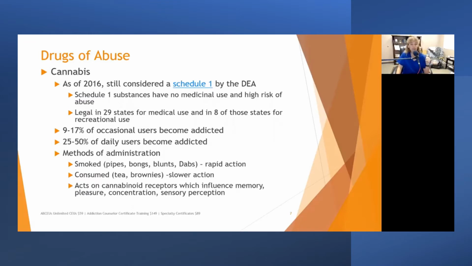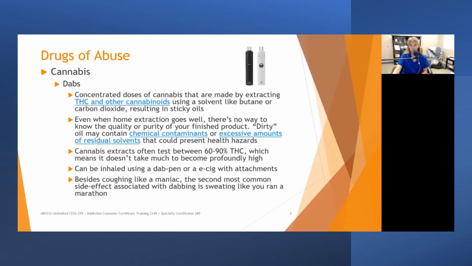It can be smoked in pipes, bongs, blunts, or even through dabs, and that is the more rapid action. If people drink it in tea or eat it in brownies, there is a slower mechanism of action for the cannabis with those. Cannabis acts on cannabinoid receptors, which influence memory, pleasure, concentration, and sensory perception.